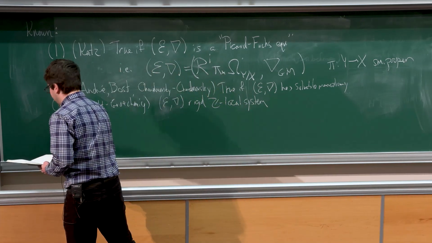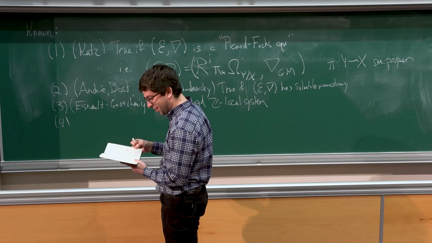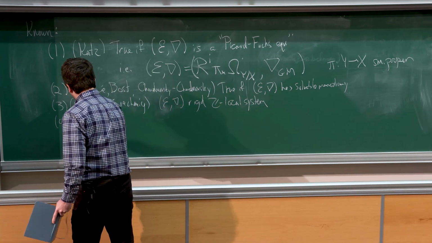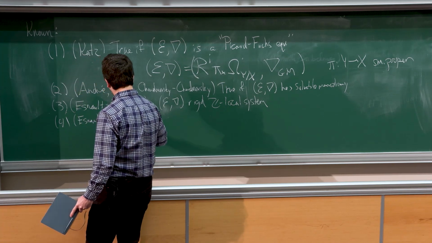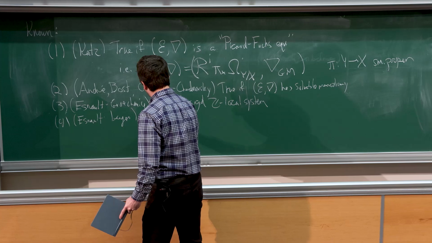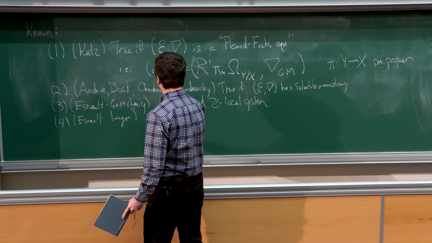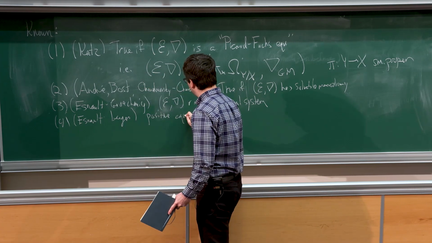And maybe let me just mention a few other of Esnault's relevant results. So Esnault and Langer proved a positive equicharacteristic variant.